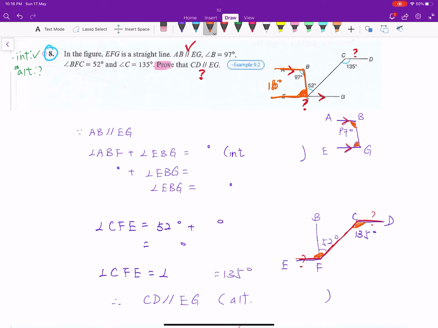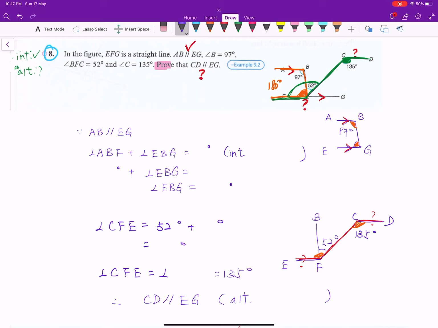After we have found this angle, then we want to check if CD is parallel to EG, so we can go along this line, and we can go this way. So we can check if this angle equals this angle. If these alternate angles are equal, then we can say CD is parallel to EG.